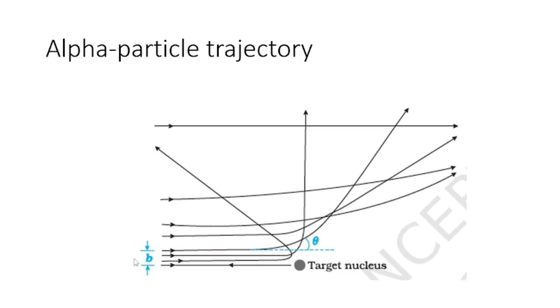This impact parameter is basically the perpendicular distance of the initial velocity vector of an alpha particle from the center of the nucleus. So only a small fraction of the incident particles rebound back or deviate much. Otherwise, most of the alpha particles just pass through the atom without any deviation.